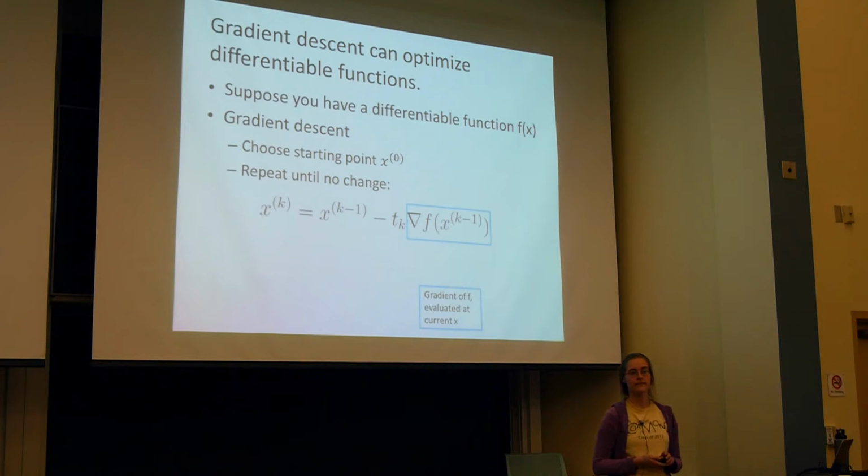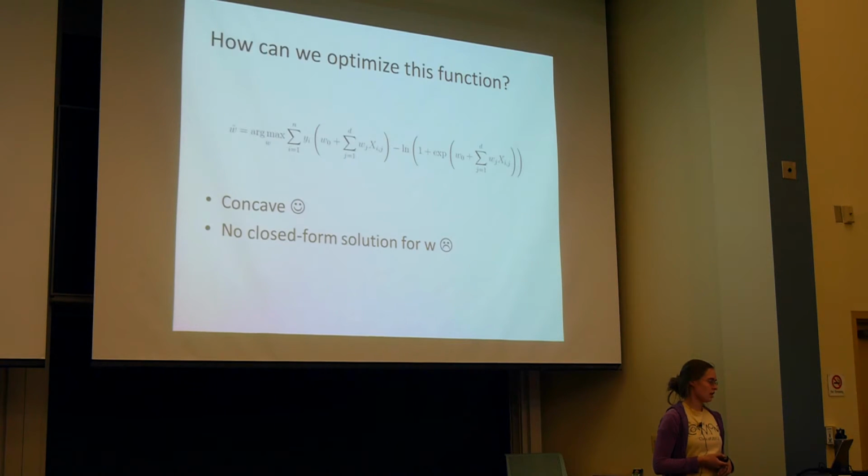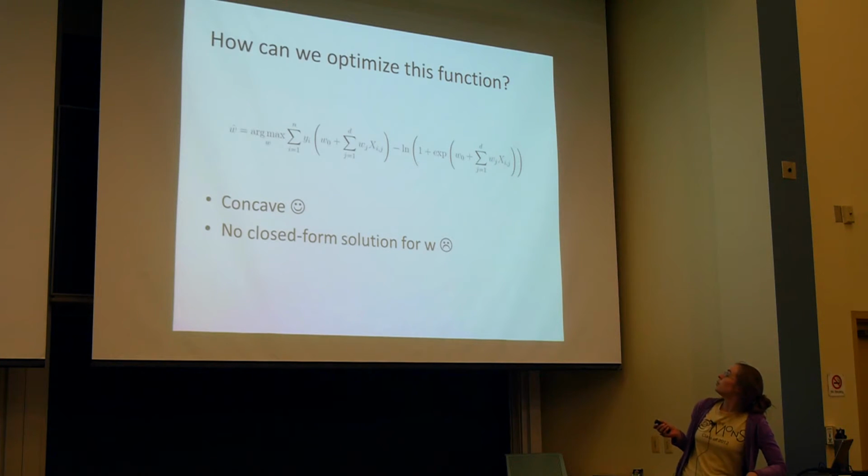Yeah? Why is there no closed form? Why there's no closed form? Yeah, so in this case, if you went through and took the derivative, I don't have this on the slides, but I know in the lecture slides, Tom went through and derived it.